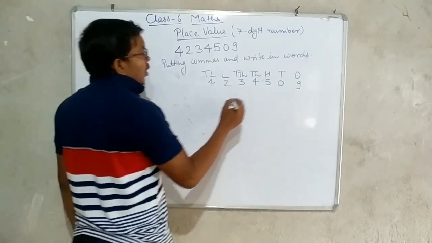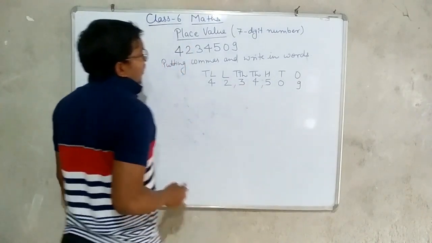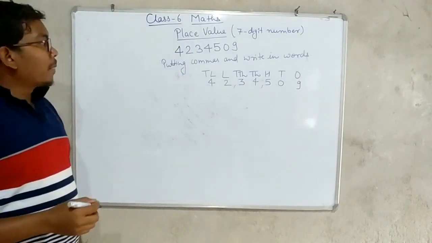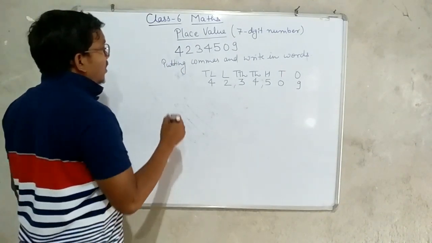Now put the commas after 100, then after 10,000, and now we'll write the numbers in words.